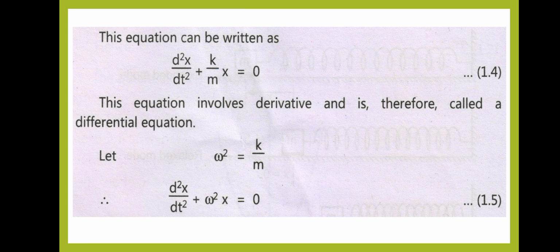Now suppose that omega square is equal to k by m. Therefore the above equation becomes d square x by dt square plus omega square x is equal to 0.